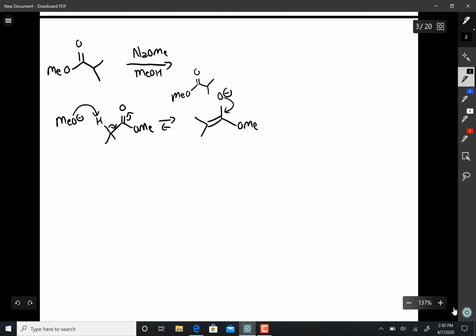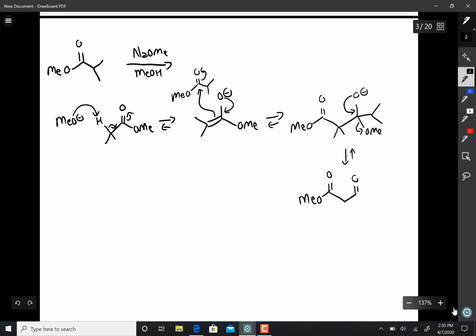And then this enolate reacts with the carbonyl. And then the electrons swing down and kick that off, giving you this product.